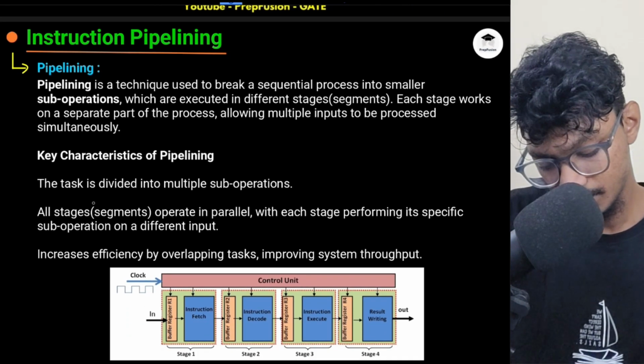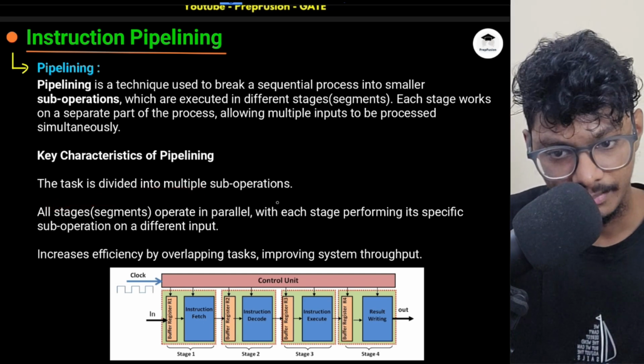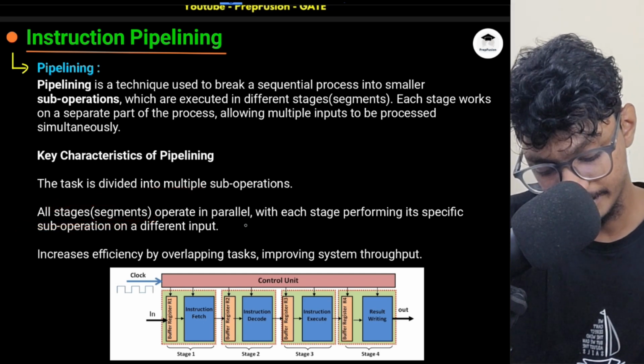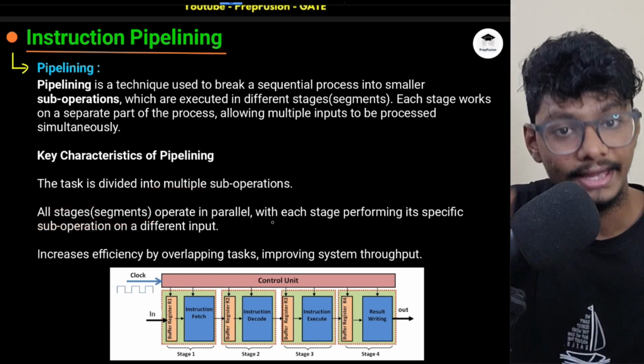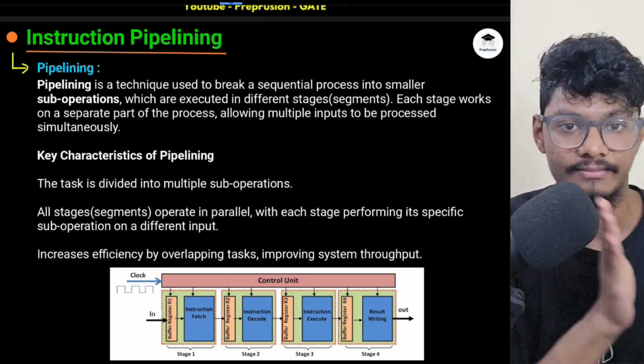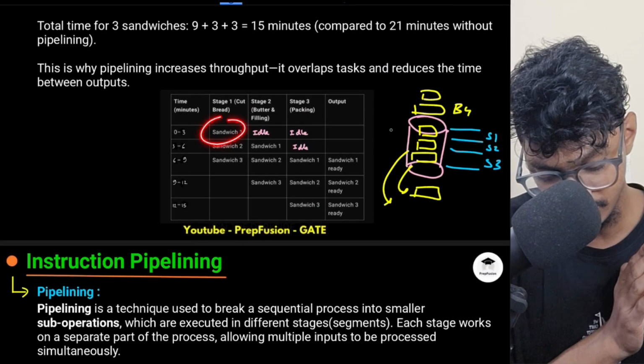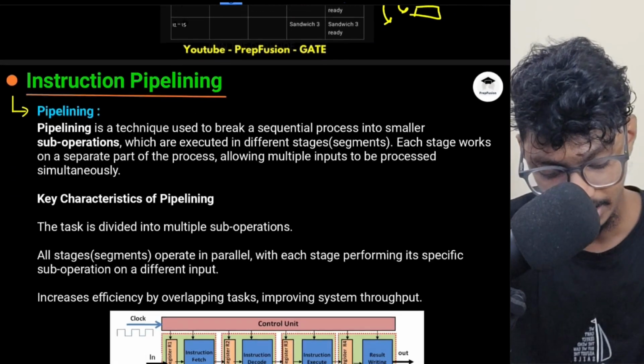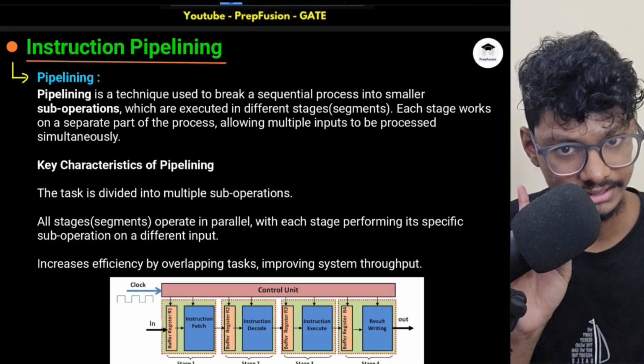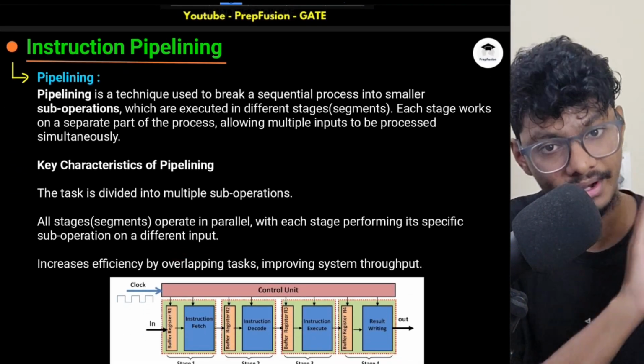Okay. So here the task is divided into multiple sub operations. All segments operate parallel except during the first time. The first time, for sandwich 1, the pipe has to be filled, right? Except for the first time, each stage operates parallelly.